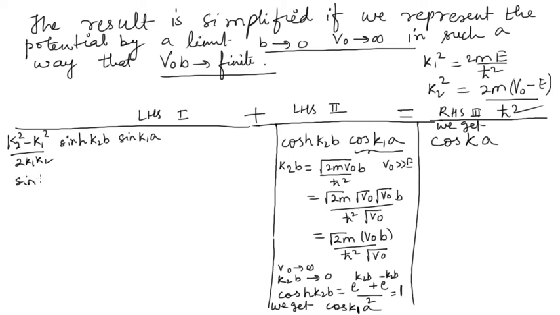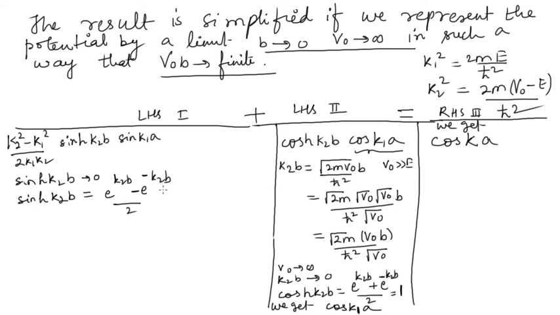Sine hyperbolic k2b goes to 0, so we can expand this for small k2b. Sine hyperbolic k2b can be written as e to the power k2b minus e to the power minus k2b upon 2. k2b is very small, so I can expand that. The expansion of e to the power x is 1 plus x, and so on.